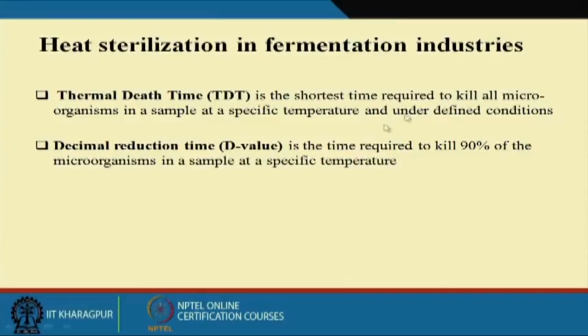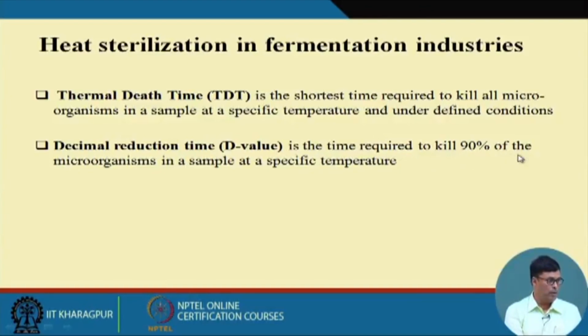Now decimal reduction time is also a term we relate to medium sterilization. It is the time required to kill 90% of the microorganisms in a sample at a specific temperature. So the time required to kill the 90% means if 10 organisms are there, it will become one organism.